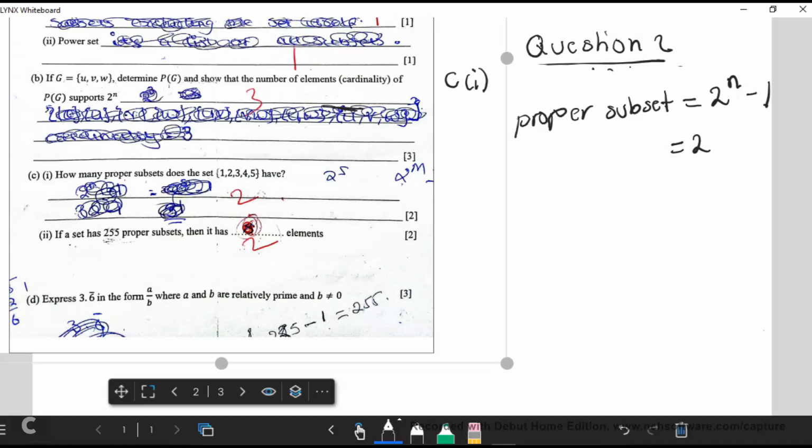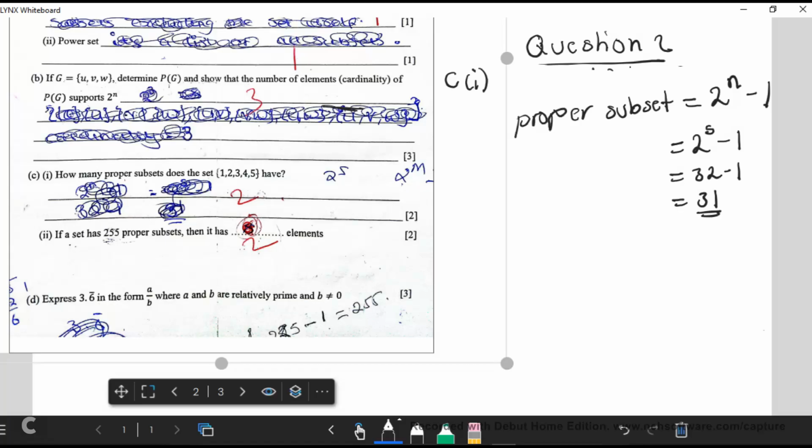We have 1 2 3 4 5, such that here you're supposed to put 5 minus 1. Then here it is 32 minus 1, which is just 31. So these are the proper subsets these guys are looking for.